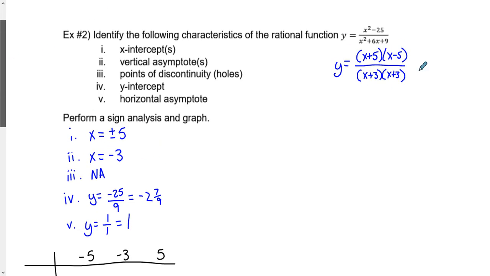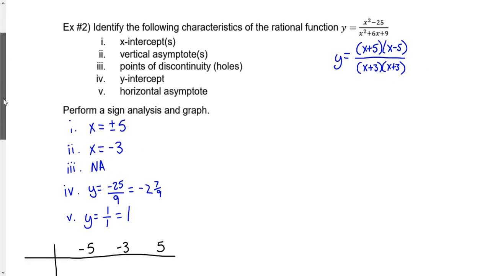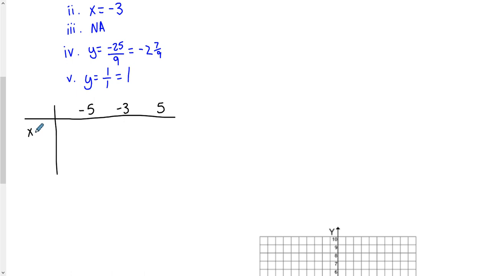Then we have to put all of our factors down the left-hand side. It is the easiest to keep your numerators over your denominators. And yes, I do encourage you to write each and every single one. Even though this does come out as x plus 3 squared, it's just going to make your life easier, especially doing your sign analysis.